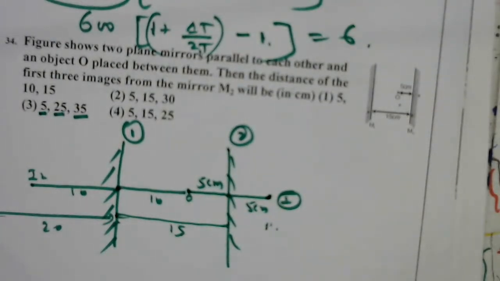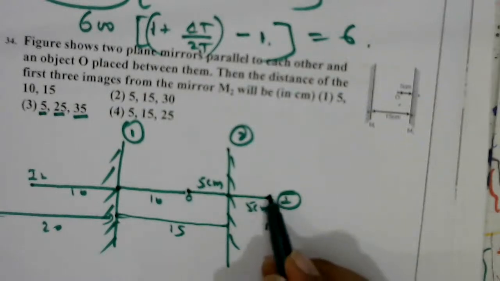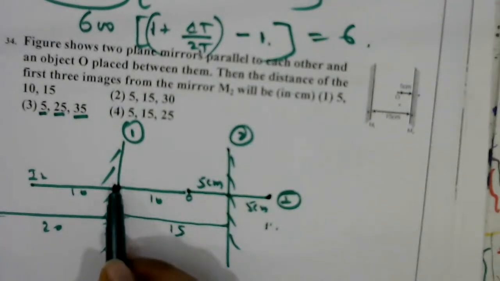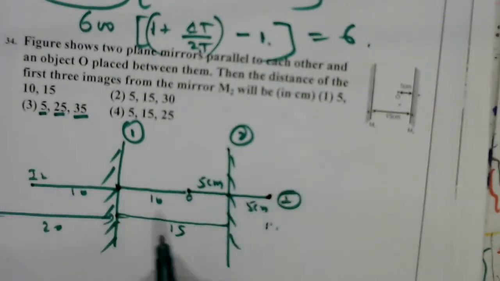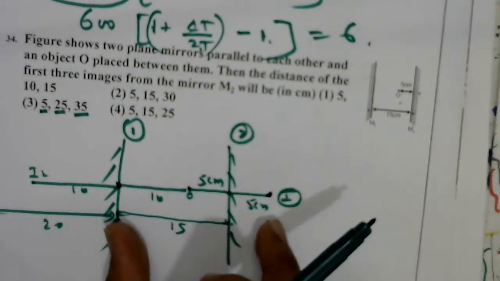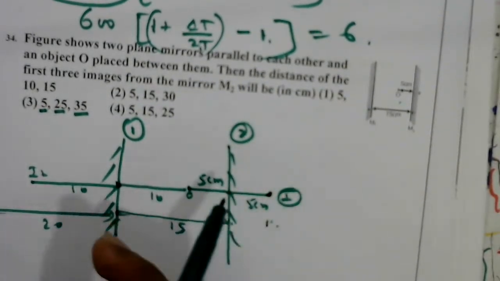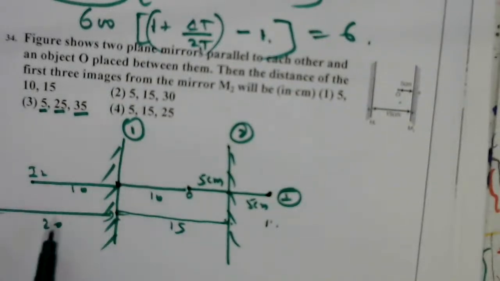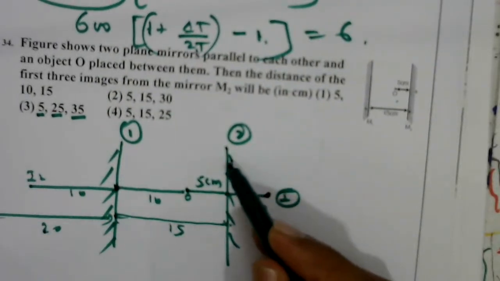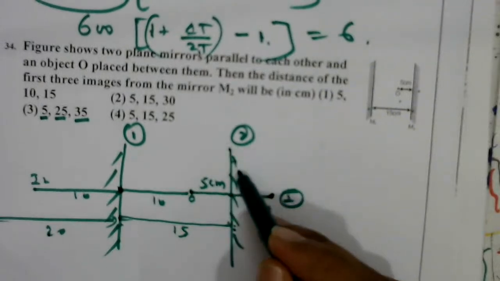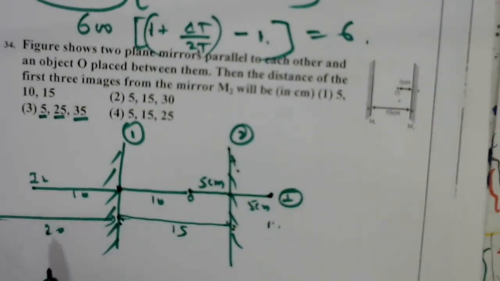In a plane mirror, object distance equals image distance. This first image will act as an object for this one, at a distance of 15 plus 5, 20. Here object distance is 20, so image distance will be 20. We have to measure all the distances from the second mirror. 15 plus 20 is 35.